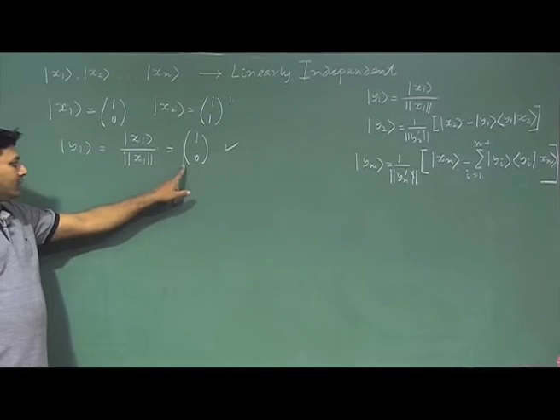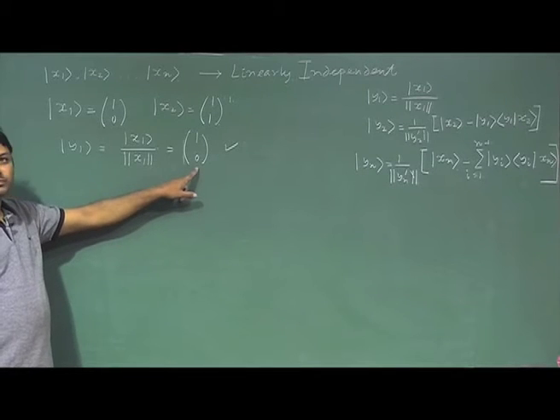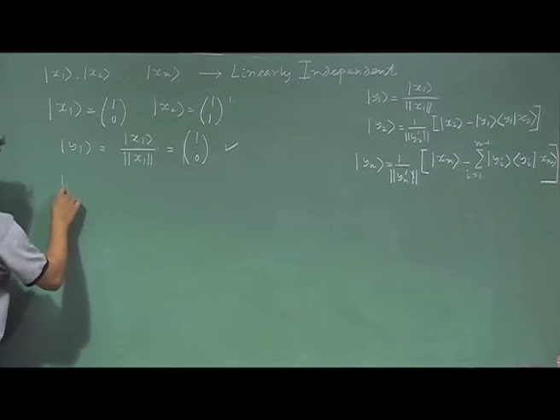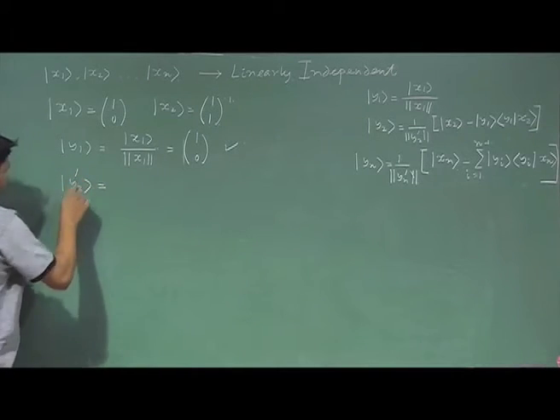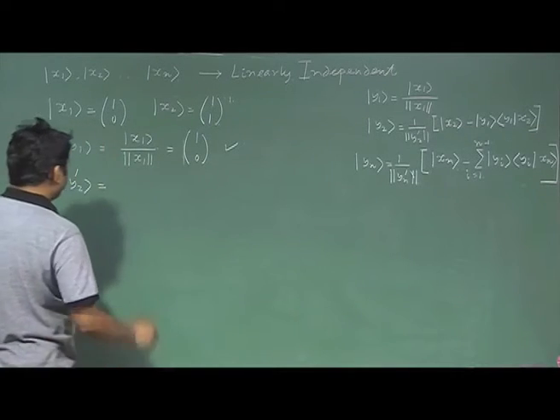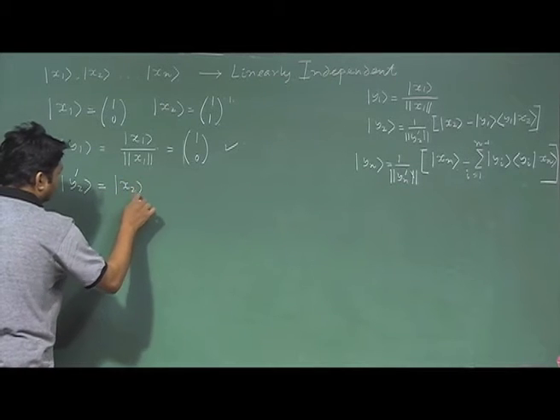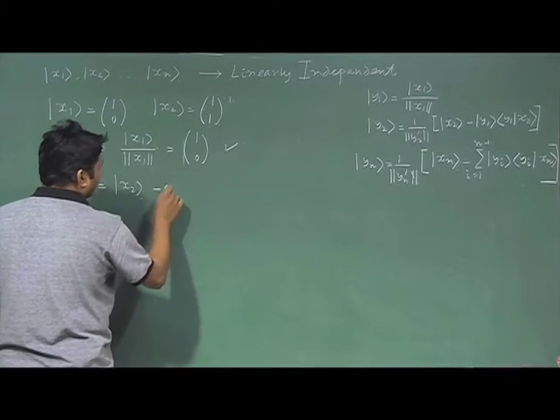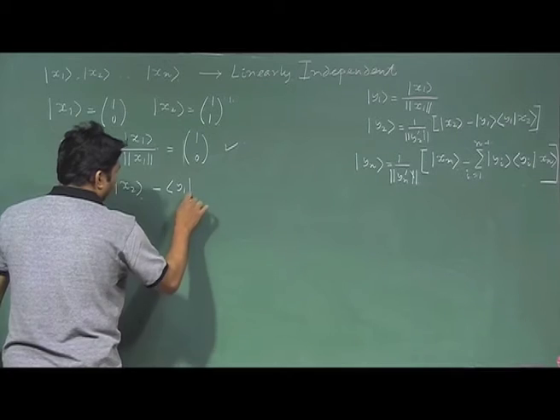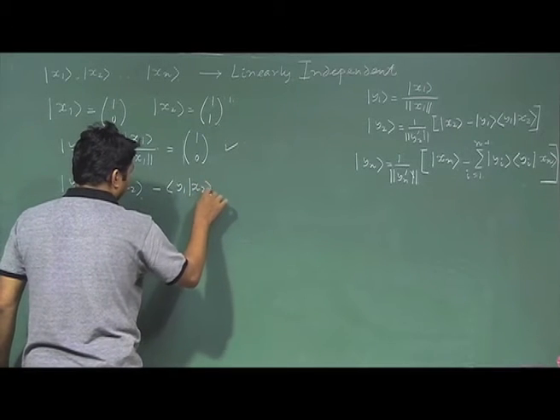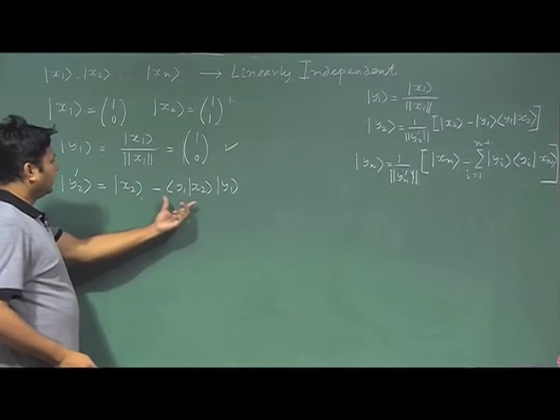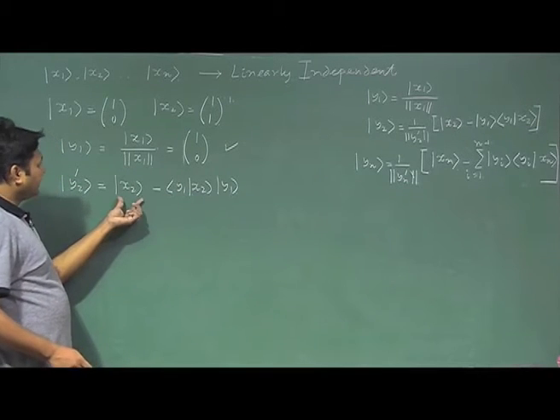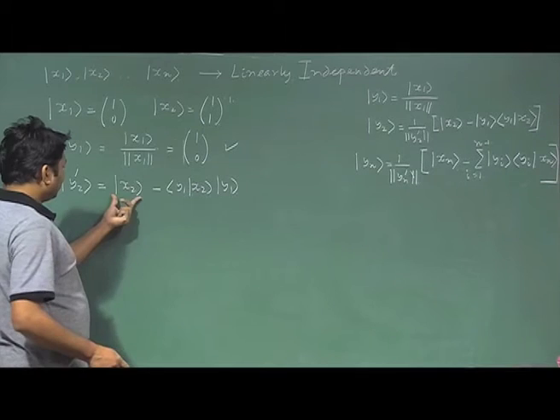Second, for y2, first I need to find y2 prime. y2 prime is x2 minus the inner product of y1 and x2 times y1. Y1 I already found, and this quantity I need to find.